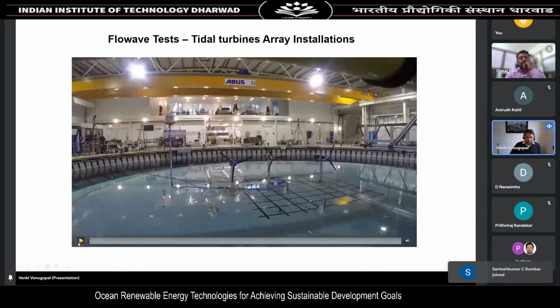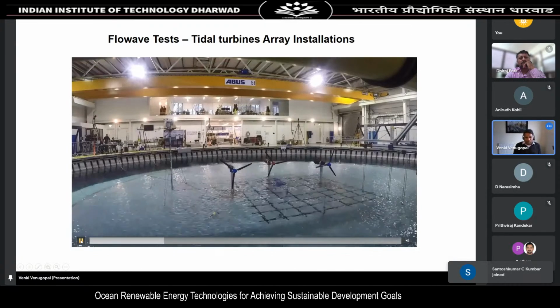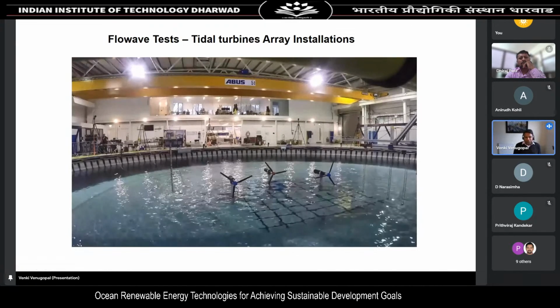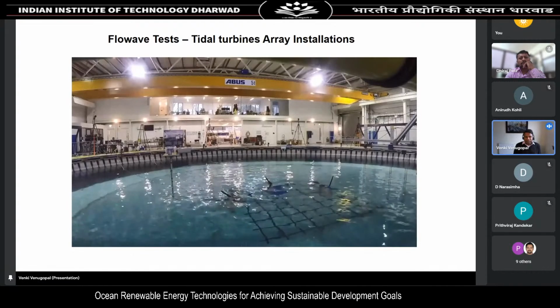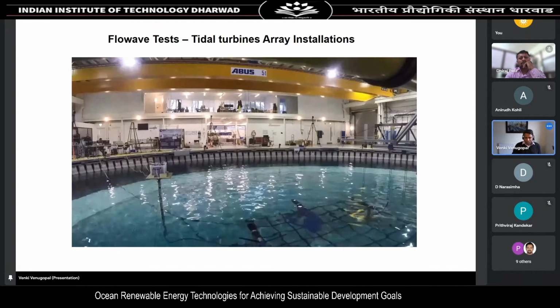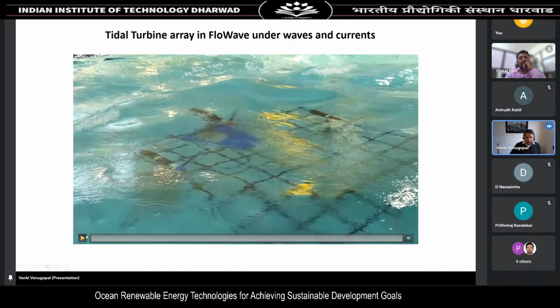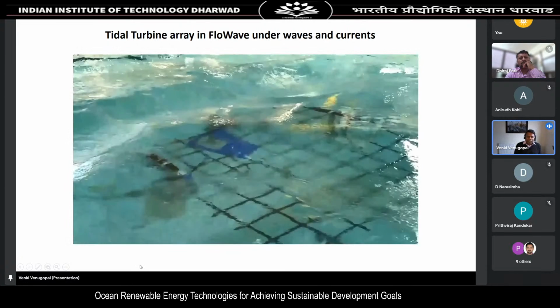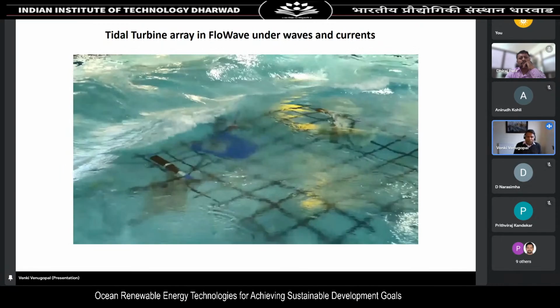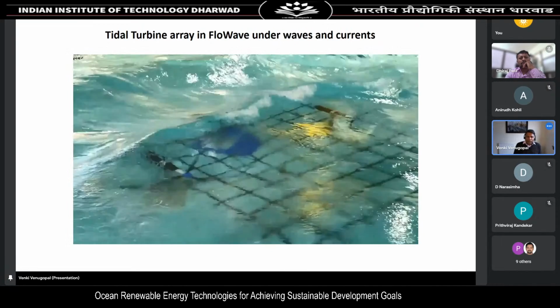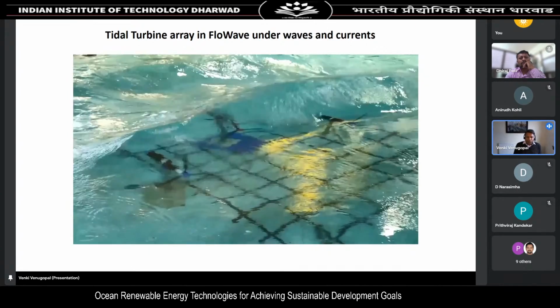And also just to show you a quick view of how we test the tidal turbines in the facility. And here is another view showing a scale model of a tidal turbine. Three of them, in fact, are being tested in the FloWave.